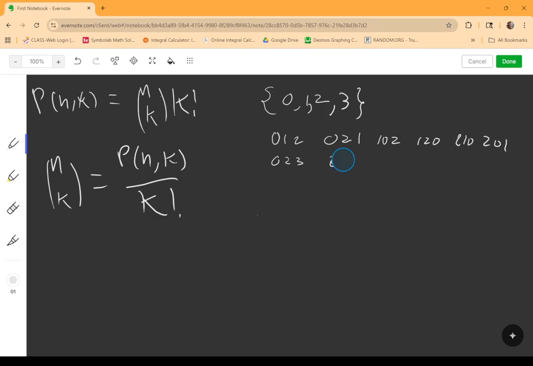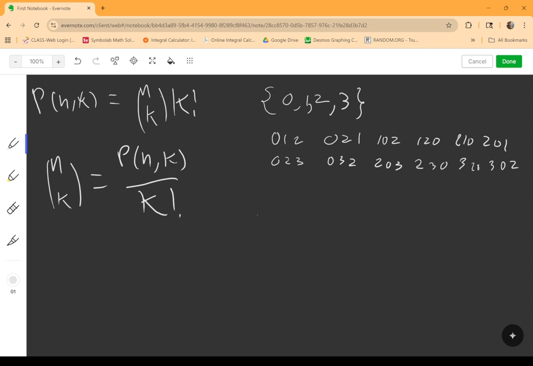And then 0, 3, 2, 2, 0, 3, 2, 3, 0, and lastly 3, 2, 0 and 3, 0, 2.